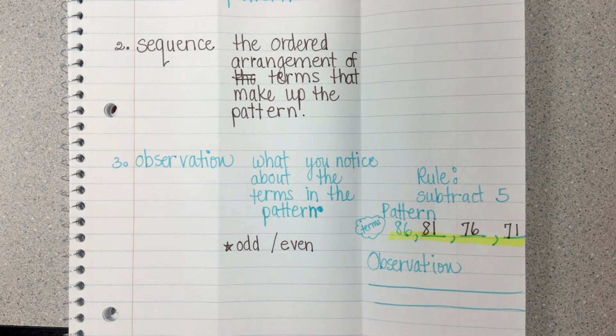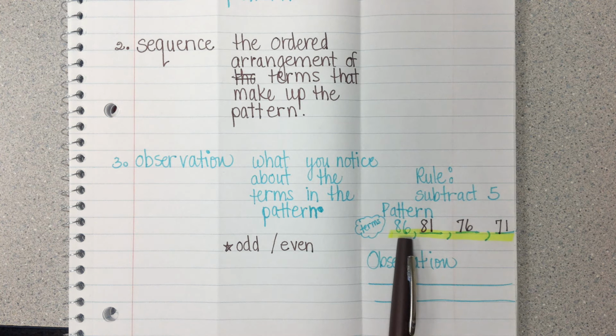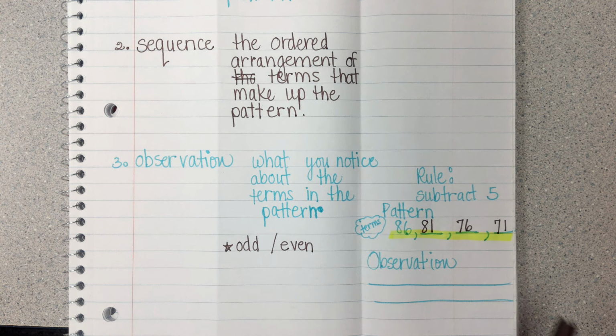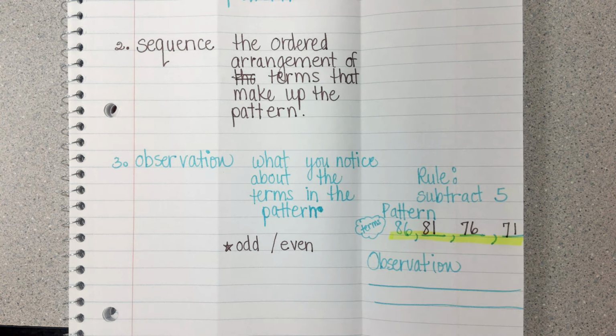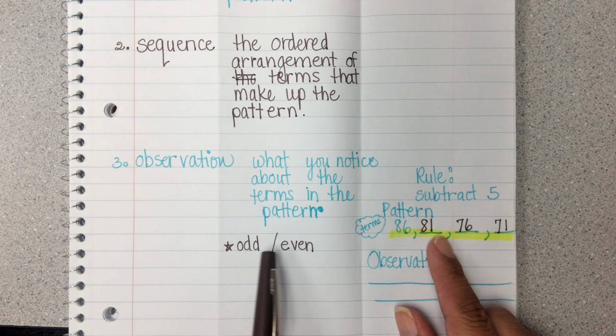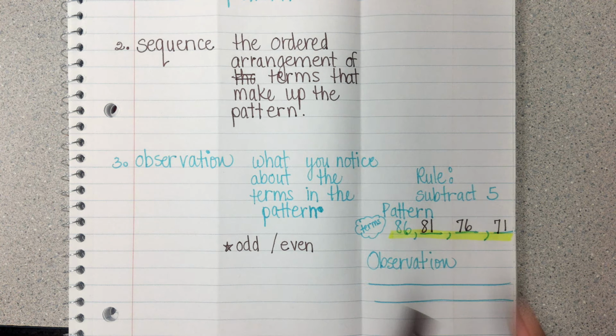Hey, not too bad. 86, 81, 76, 71 is easy to observe. First of all, our numbers are even, followed by odd, then even, then odd, by looking at the ones place.